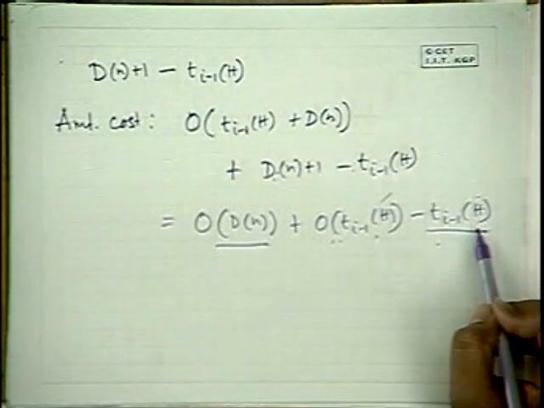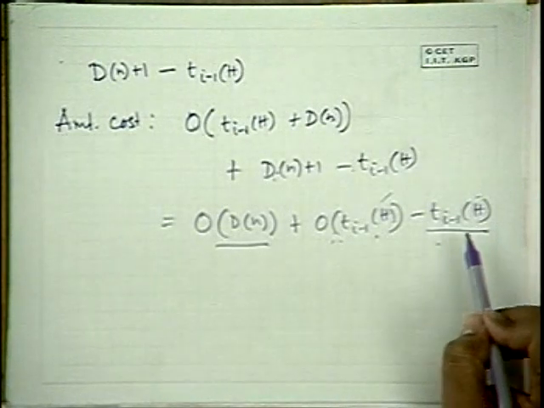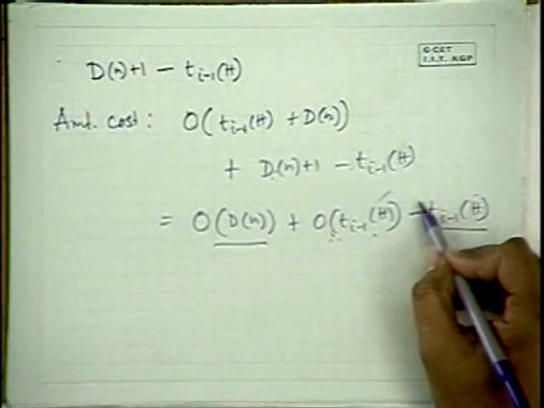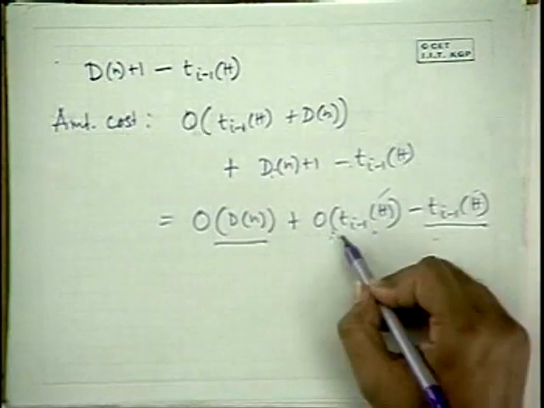Suppose the constant is say 5, you cannot cancel 5 Ti minus 1h with a single Ti minus 1h. But the point is, I could have used the potential function such that I increase the weight of the potential function that way. Instead of taking Ti minus 1h plus 2 Mi minus 1h, I just take whatever constant you have here, take more than that. In that case, this will have a larger factor than this one.